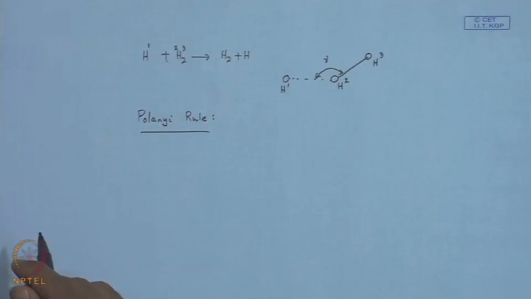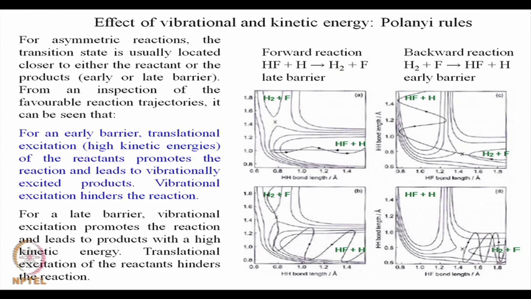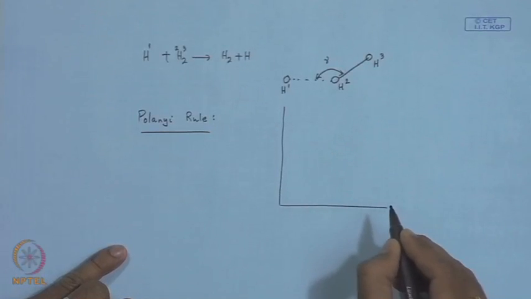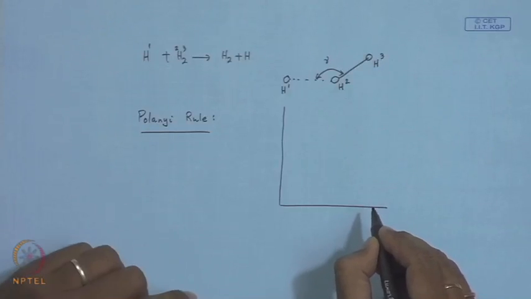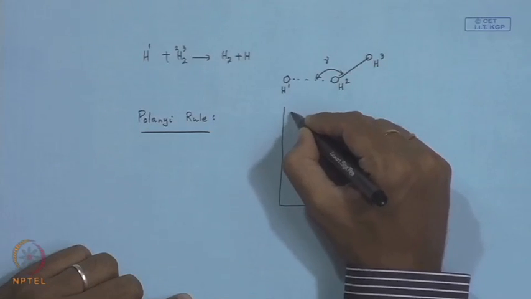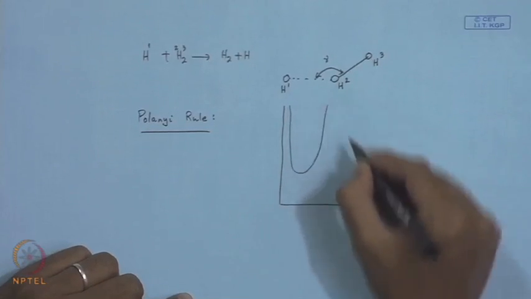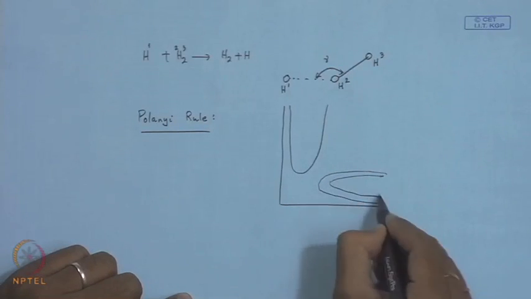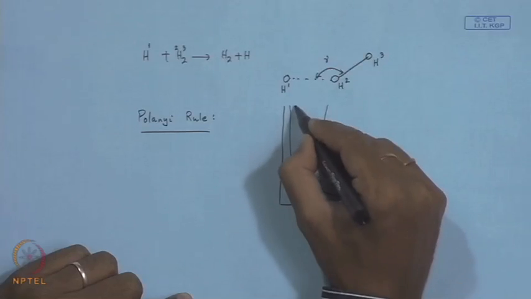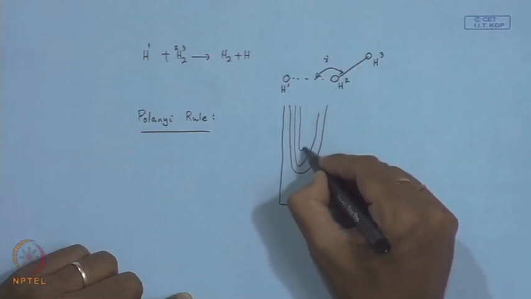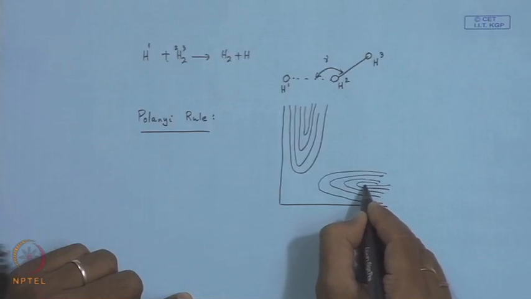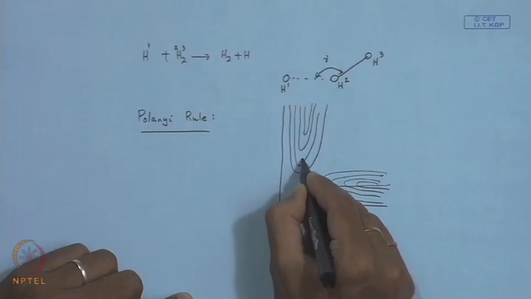Now, for a symmetric reaction, the transition state is symmetrically distributed. Look at it. This is the contour, and this is your minimum energy path.